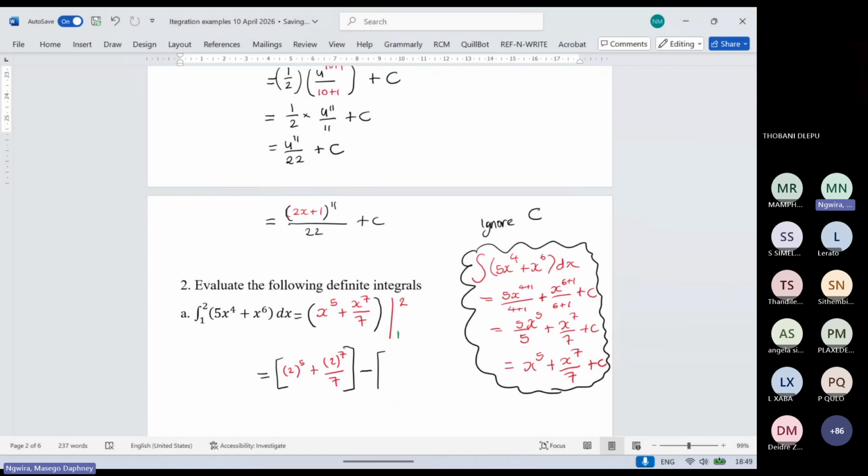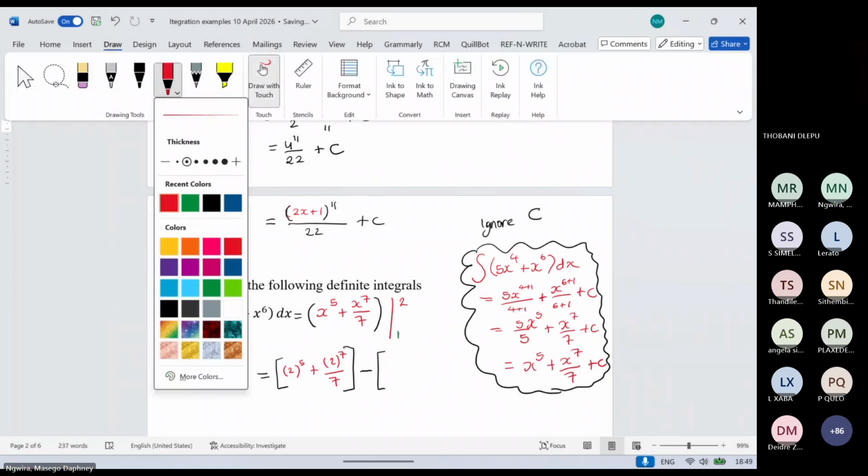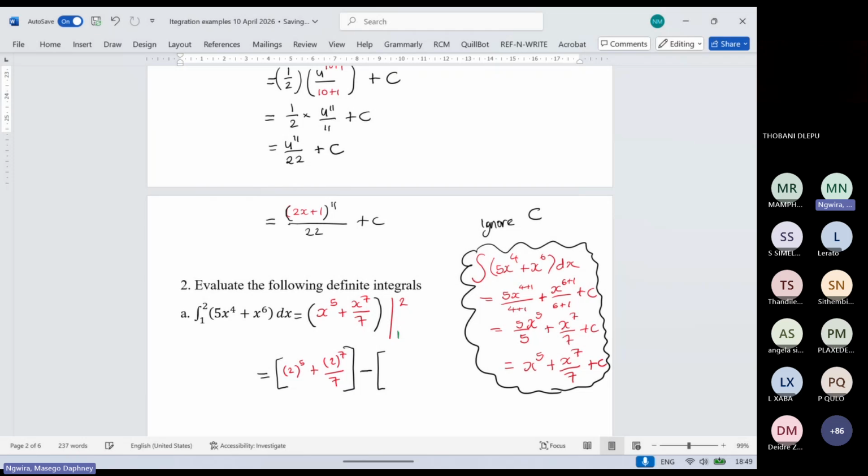And then we move on to the 1. So this will be 1 to the power of 5 plus 1 to the power of 7 over 7.